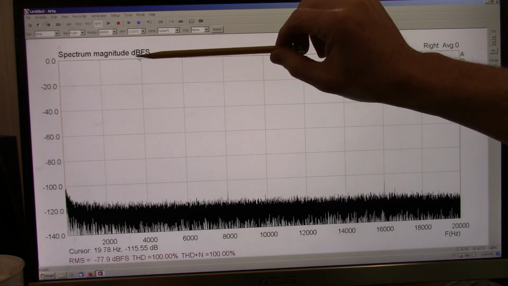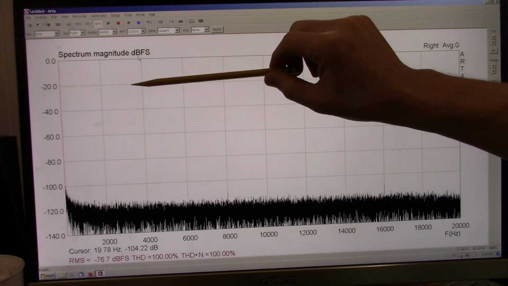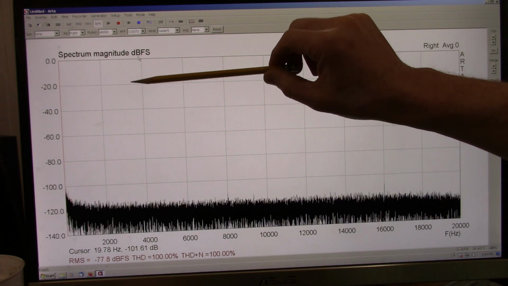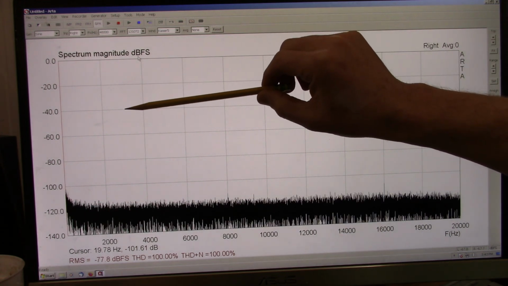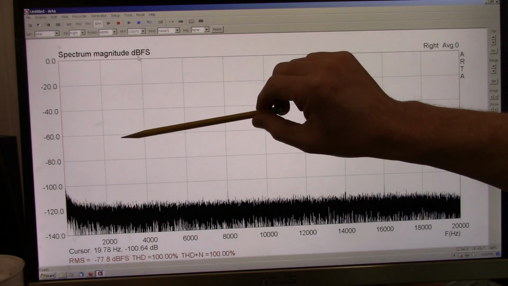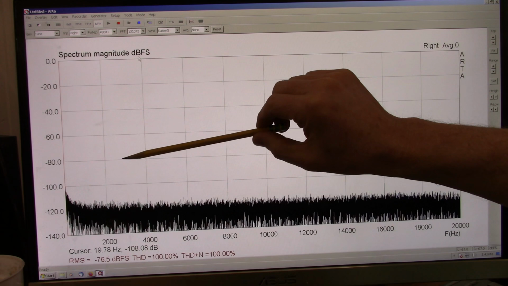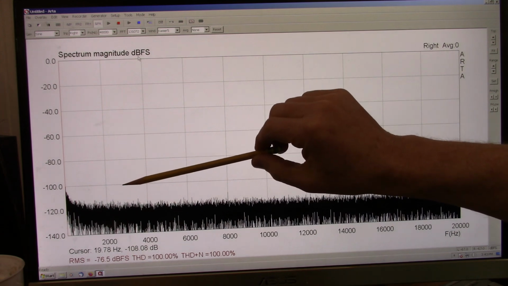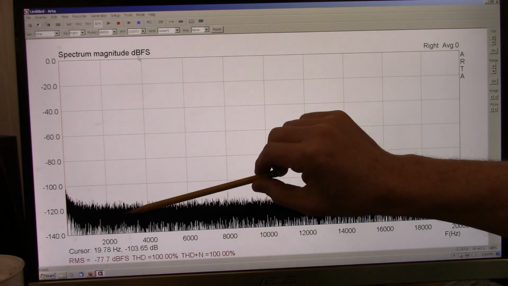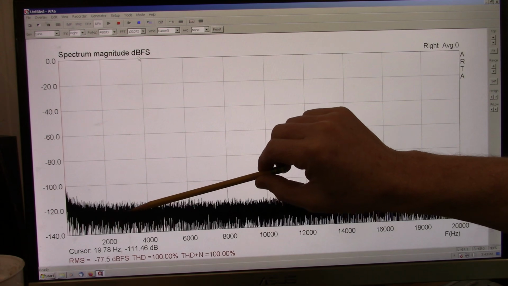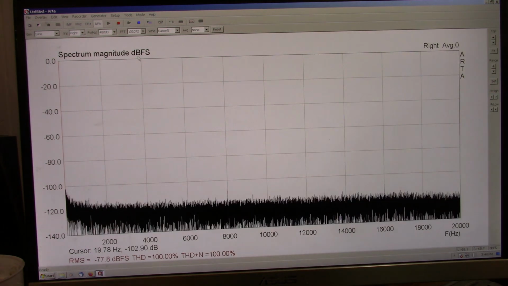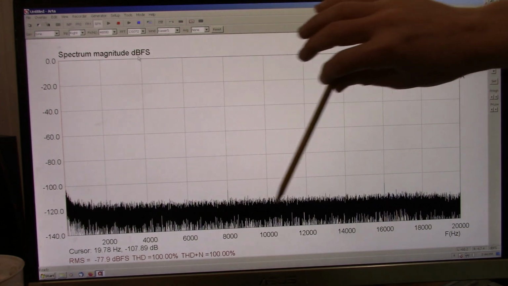So we start at 100%, at minus 20 it's 10%, minus 40 it's 1%, then 0.1, 0.01, 0.001, and 0.0001. And what you're seeing here is the noise floor.